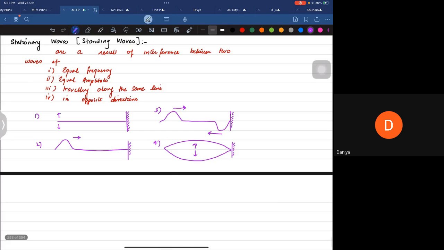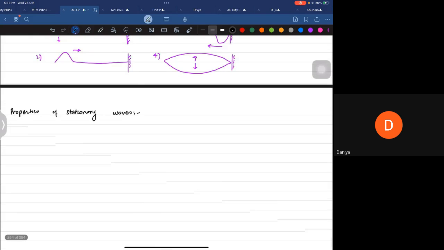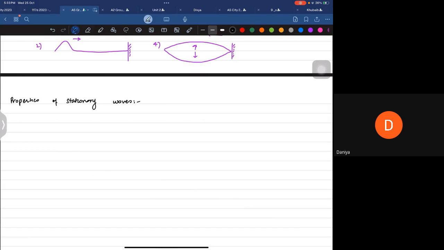Now let's look at the properties of stationary waves, and see how they create these up and down patterns. Once the wave is created, they look like this.